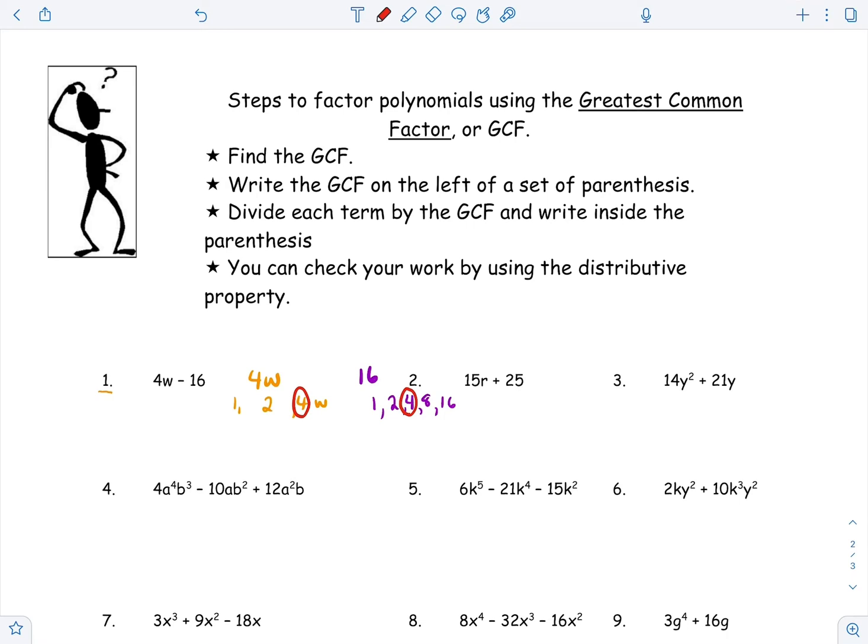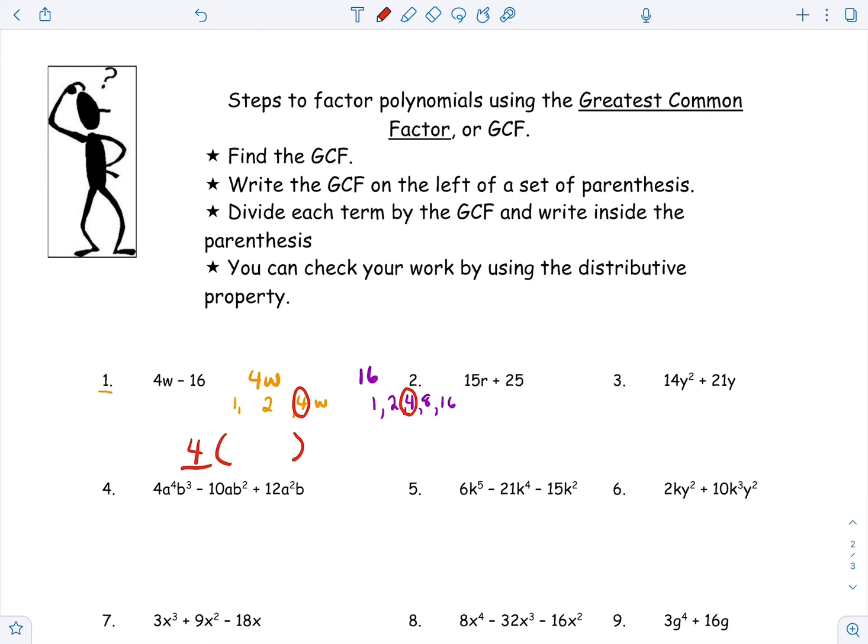And that's it. So remember, in the step here, we said we're going to write the GCF on the left. I think this is a typo here, but outside of our parentheses. So basically we have parentheses, and to the left we're going to write our greatest common factor, which we said is 4.